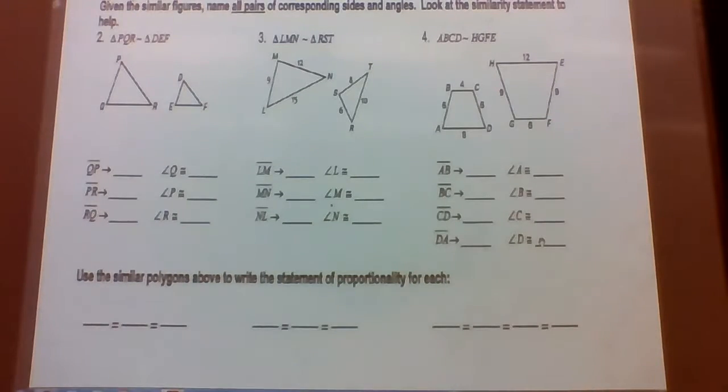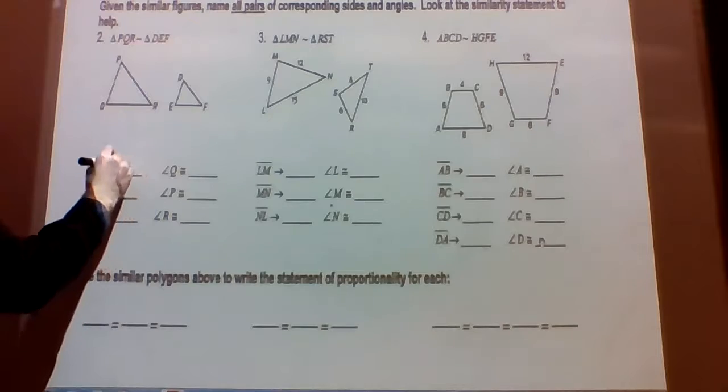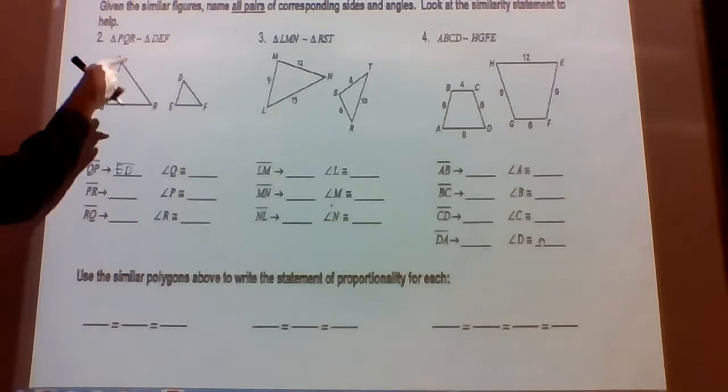Okay. Number 2, given the similar figures, name all pairs of corresponding sides and angles. Look at the similarity statement to help. So number 2, we have QP. What's going to correspond with QP? It's going to be ED. We can get that from the diagram, and we can also get that from up here.